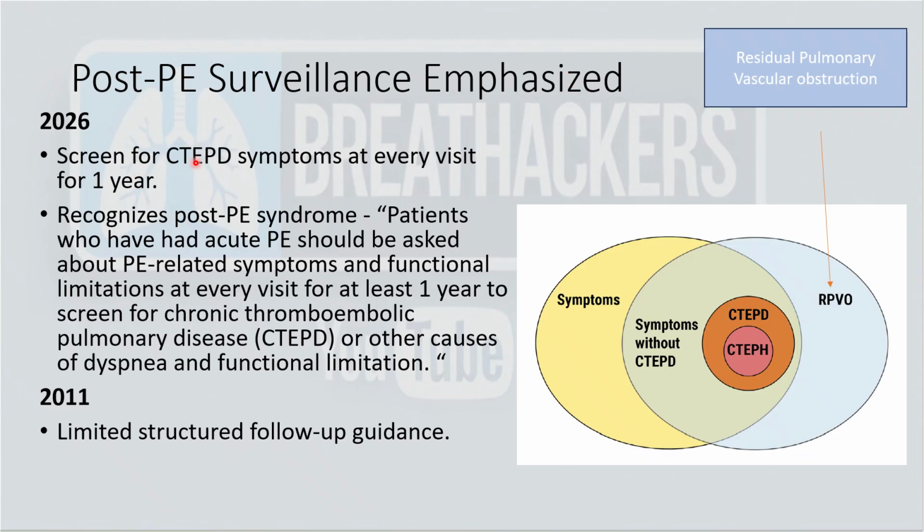You have to screen for chronic thromboembolic pulmonary disease symptoms at every visit for 1 year, and recognize post-PE syndrome. Patients who have had acute PE should be asked about PE related symptoms, exercise limitation, functional limitation, breathlessness at every visit for at least 1 year to screen for CTEPD or other causes of dyspnea and functional limitation.